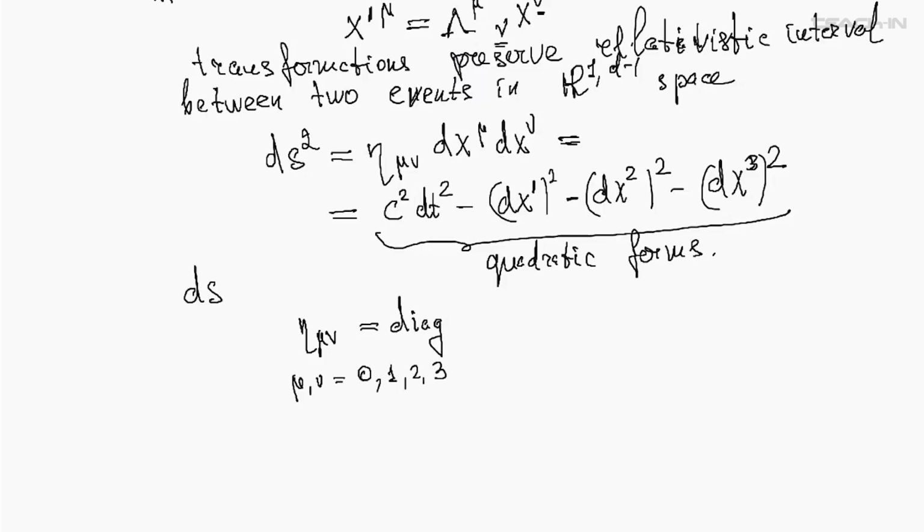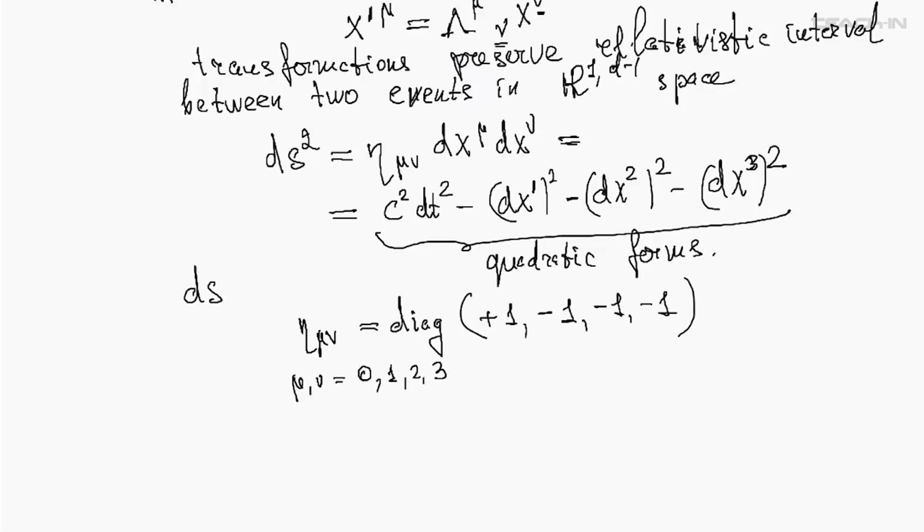The Minkowski metric is a diagonal matrix with +1 on the diagonal for the time direction and -1, -1, -1 for the spatial directions. I will adopt this form of the metric for the rest of our course.